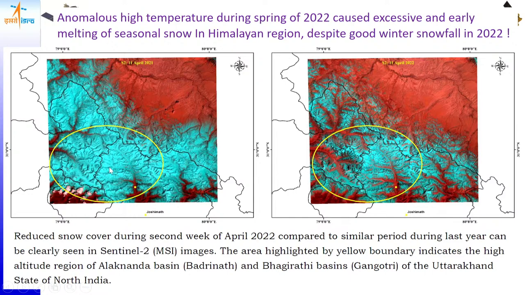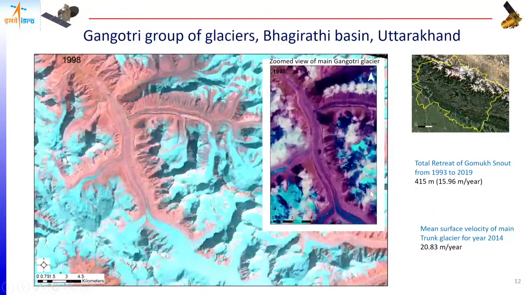So although snowfall was the same, snow melt significantly increased in 2022 compared to a year ago due to the sudden increase in air temperature during the spring of 2022. Such phenomena can be easily monitored with the help of satellite data.